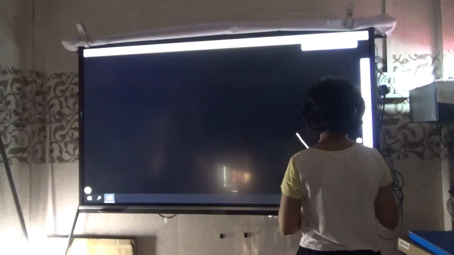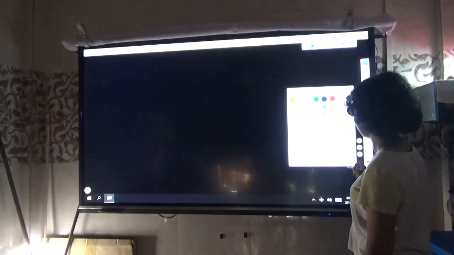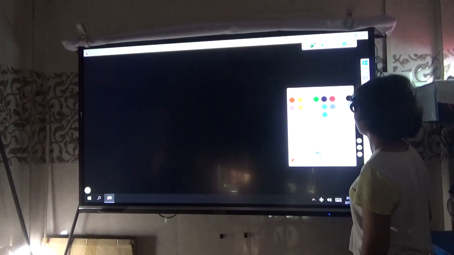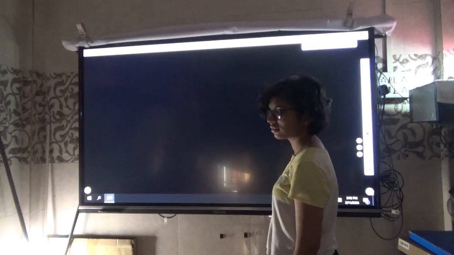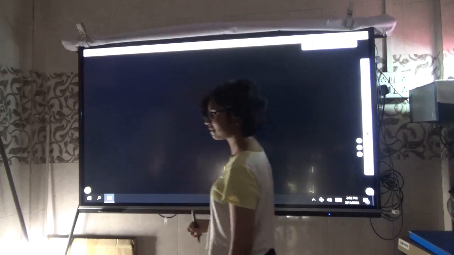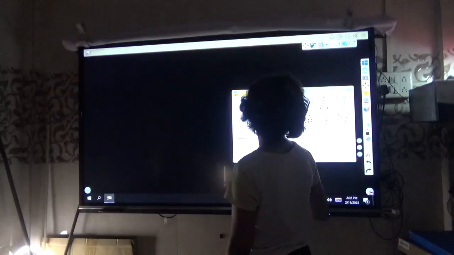Wait, let me test something if I can. Sorry. So you take a rectangle also. How should I make the rectangle? Go to the box. I am clicking. No, that will not come. There is no rectangle. Oh, it's in white. How am I supposed to get a box here? Okay, never mind.